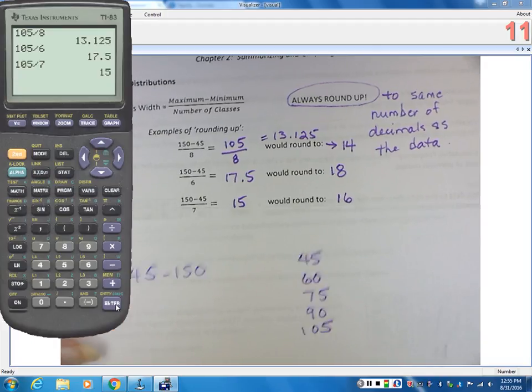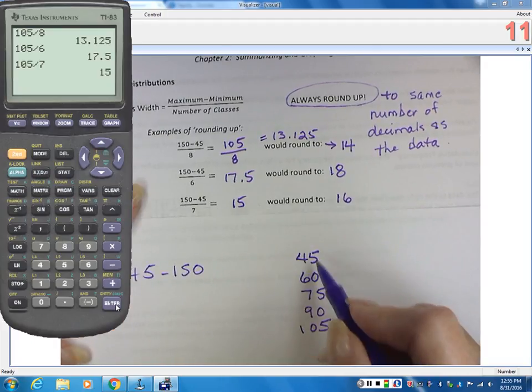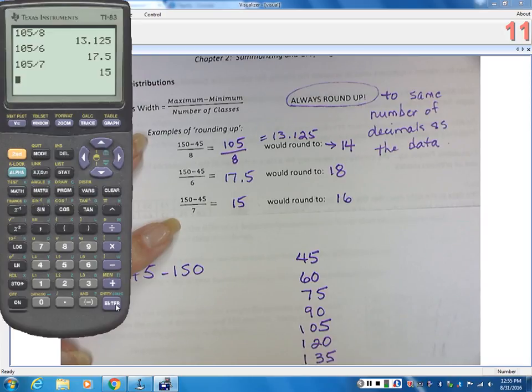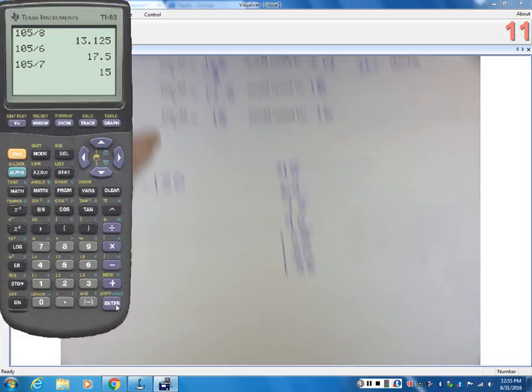And this is supposed to be 7 classes, so I have 1, 2, 3, 4, 5. I need a couple more. So 105 plus 15 is 120, and 120 plus 15 is 135. So 1, 2, 3, 4, 5, 6, 7 classes.